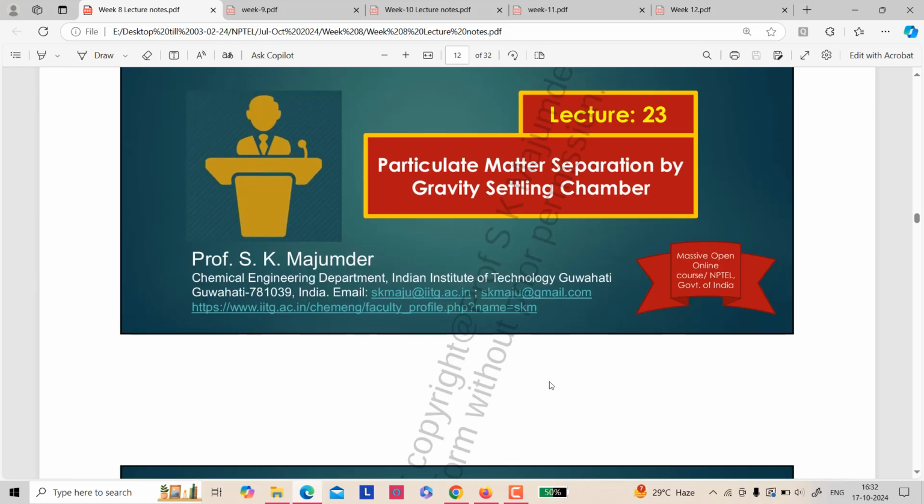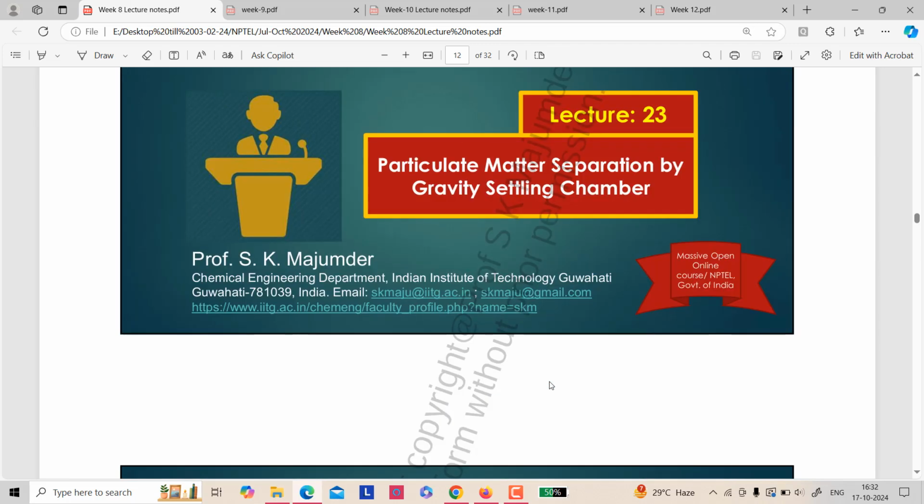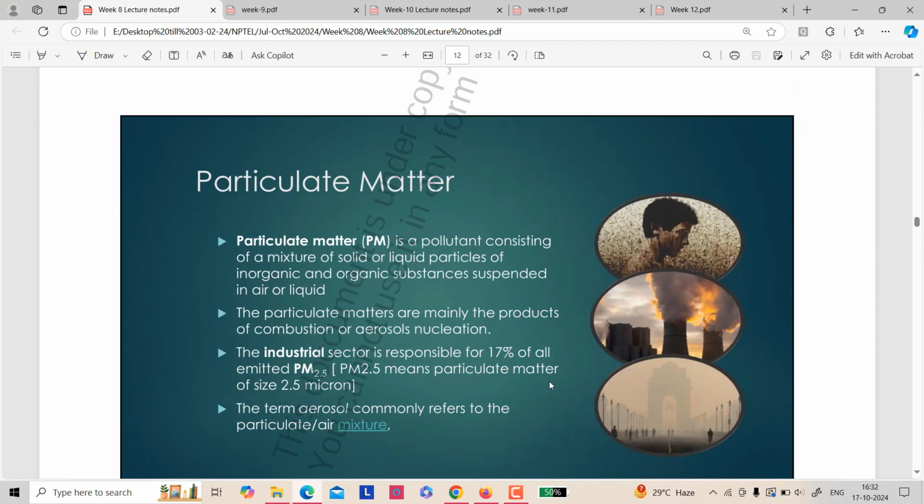Next comes the particulate matter separation by gravity settling. I have said that particulate matter is a pollutant consisting of a mixture of solid and liquid particles of inorganic and organic substances suspended in air or liquid. The particulate matters are mainly the products of combustion or aerosol nucleation.